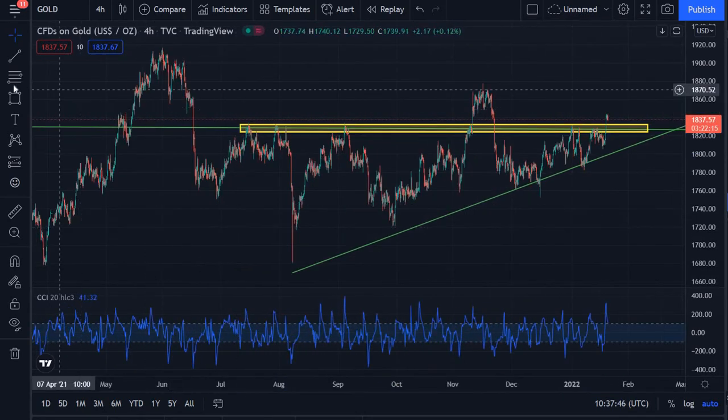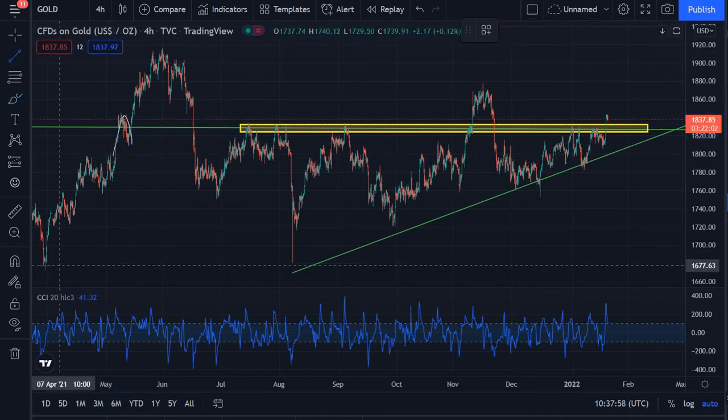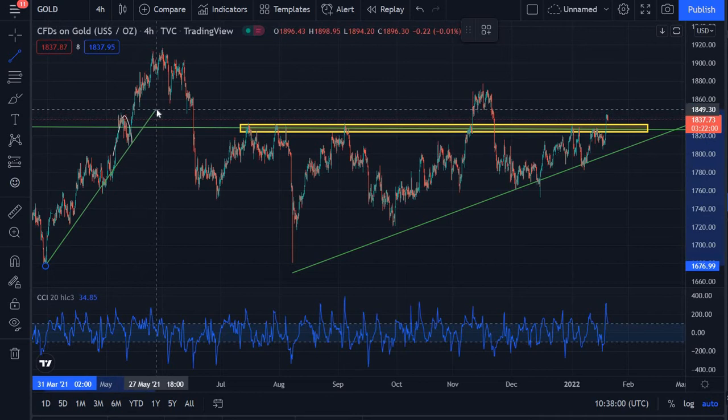So something that happened here as well. We broke, went lower to 1810 before continuing along this trend line.